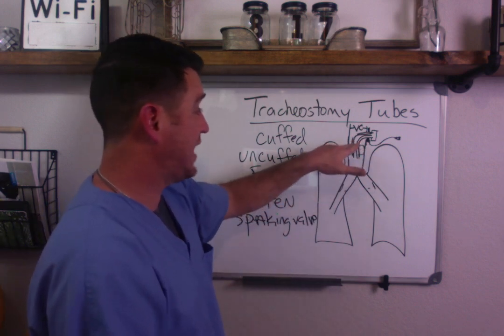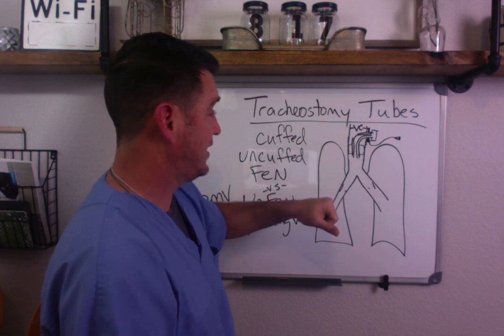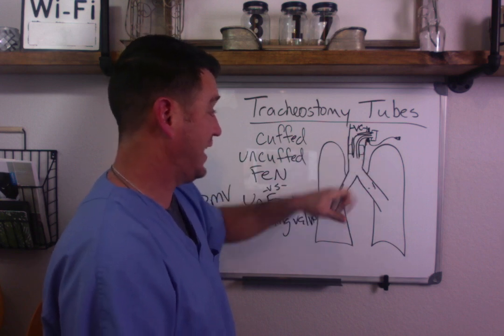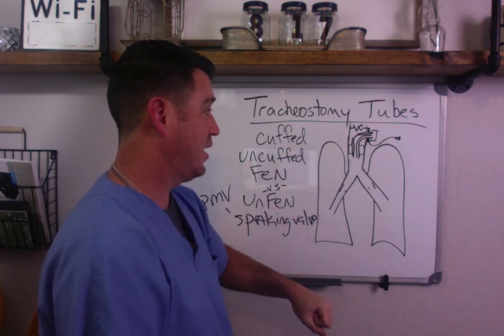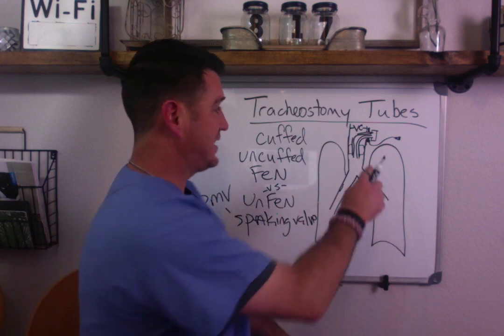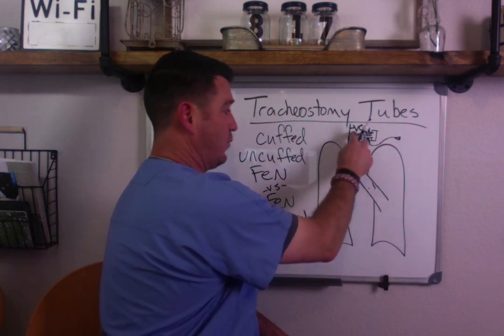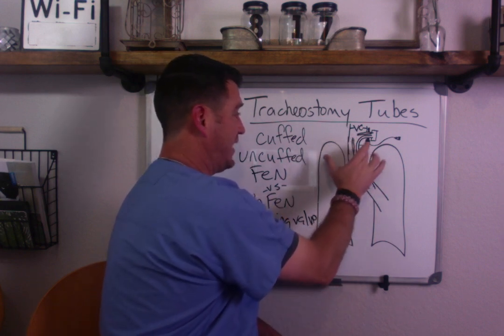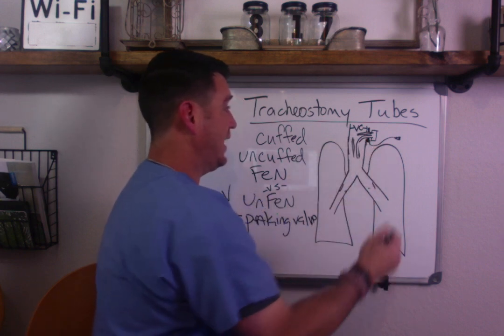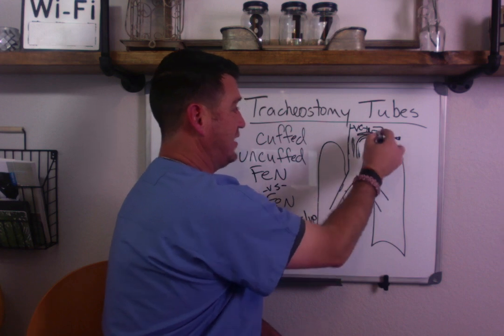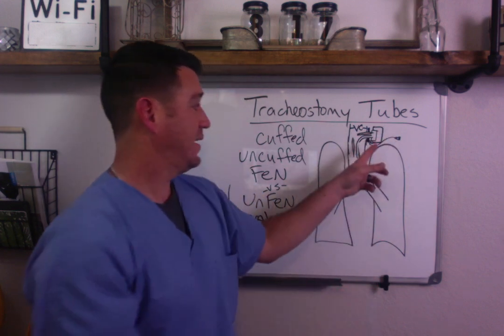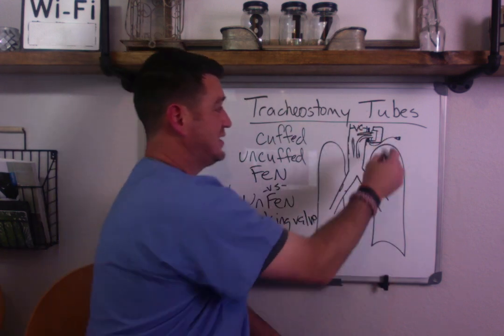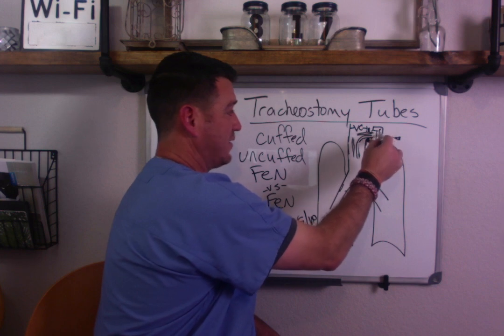So this person at night wears a non-fenestrated inner cannula with a cuffed trach, and we mechanically ventilate them. During the day, we take the non-fenestrated inner cannula out and put a fenestrated inner cannula in. We drop their cuff down, and we put a speaking valve on the end of this. What this speaking valve does is it has a one-way valve in here.